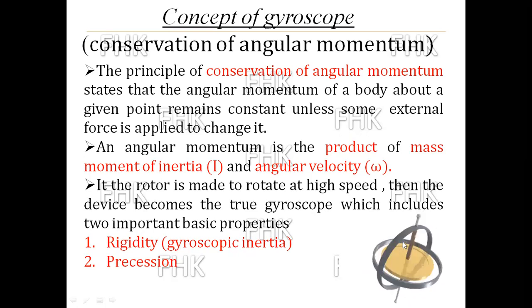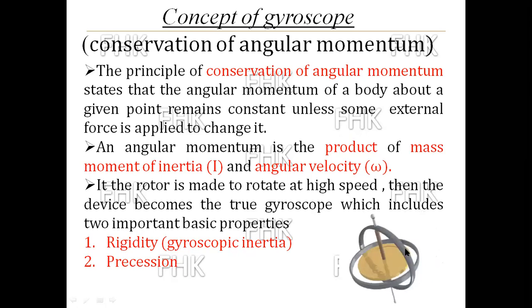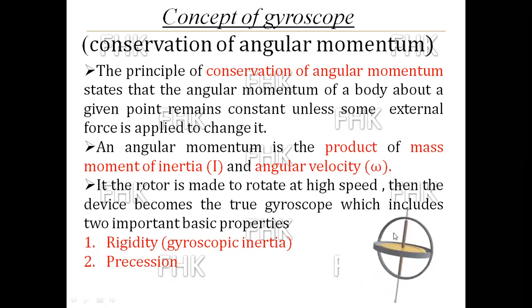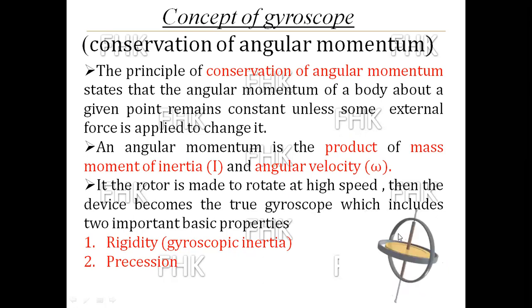That means the angular momentum will break when you apply an external force to change it. You are playing with the top, that top is rotating continuously, and if you apply force with the help of your finger, the angular momentum will break. So that is nothing but the principle of conservation of angular momentum.